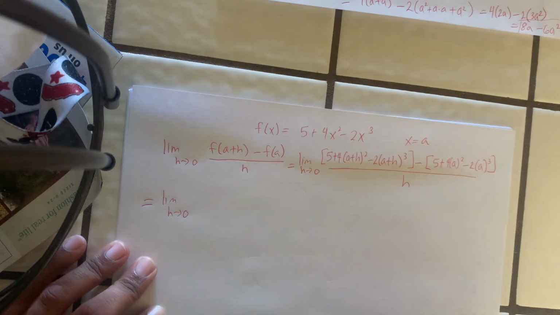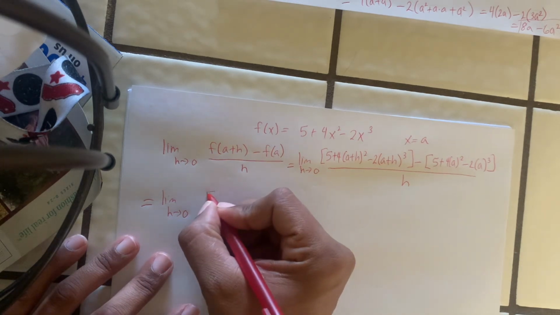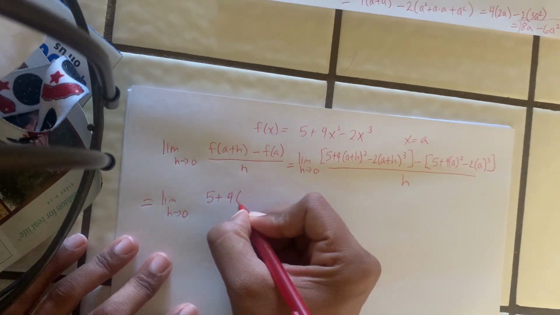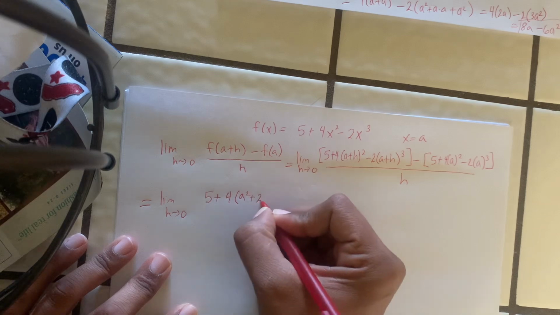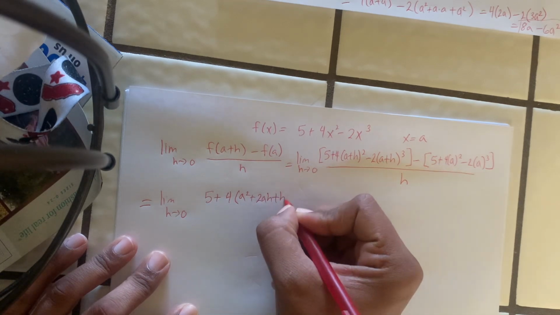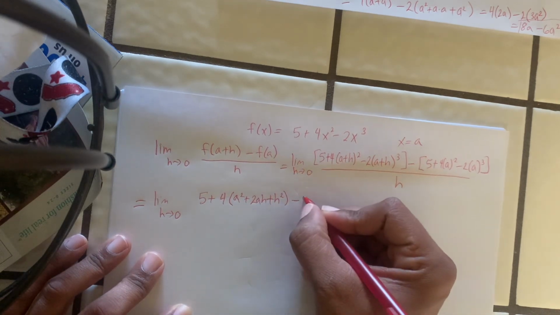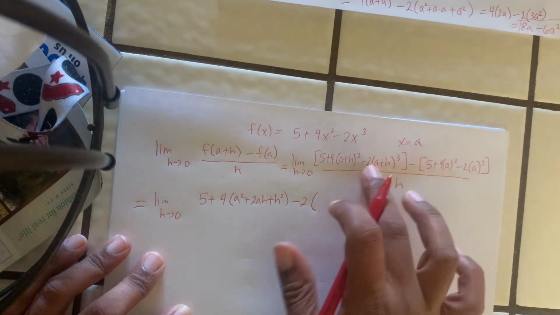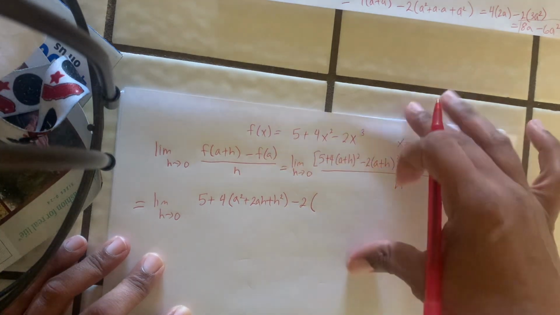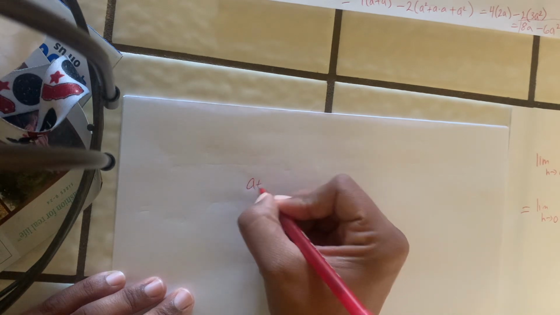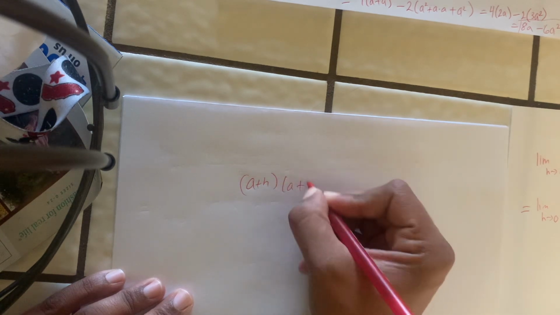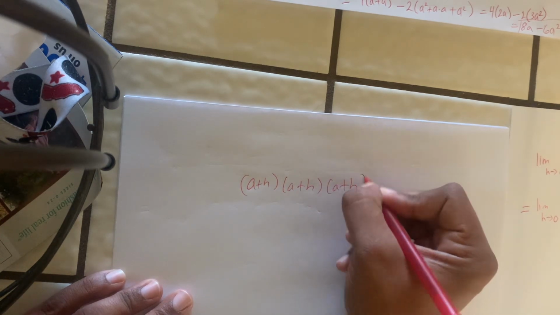So we have the limit as h approaches 0 of 5 plus 4 times a squared plus 2ah plus h squared minus 2 times, now this a plus h cubed I need to do on a separate sheet of paper. So I have a plus h, a plus h, a plus h.